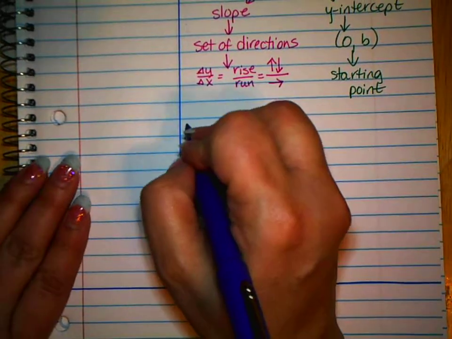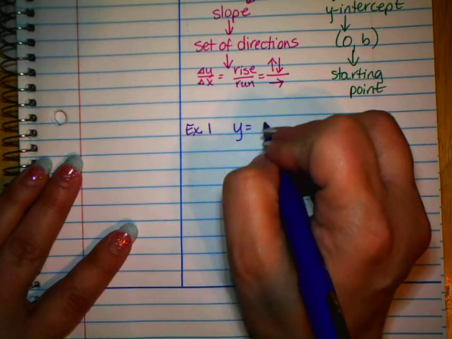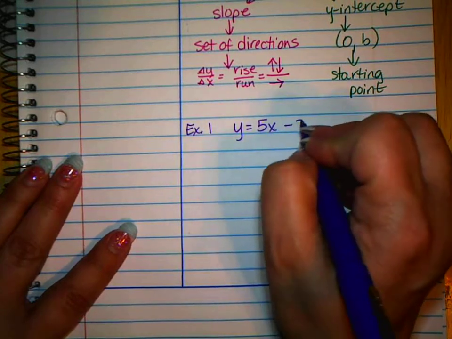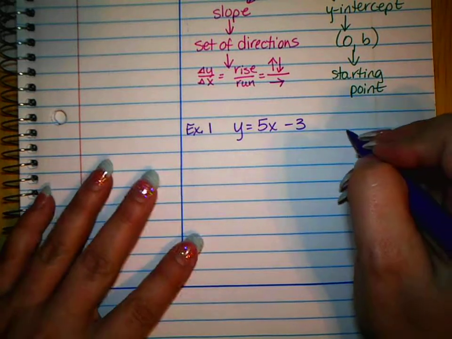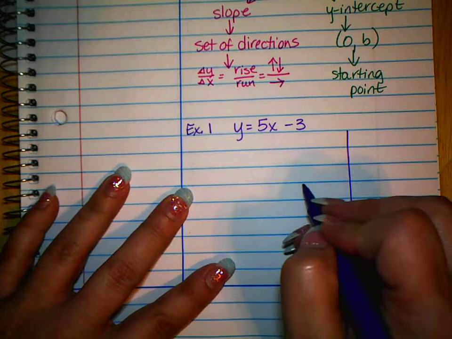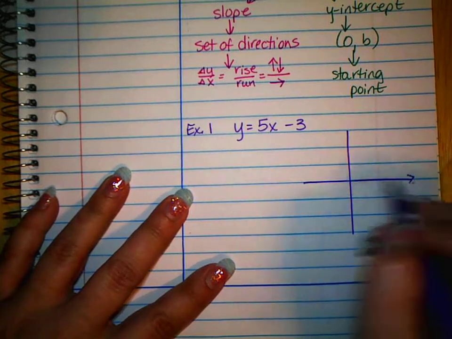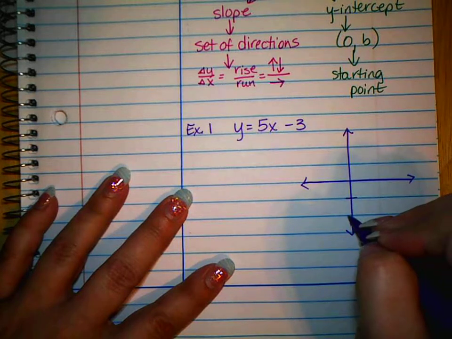So, example 1. I have the equation y equals 5x minus 3. And I'm going to graph that. Remember, I'm sketching here. You need to graph on actual graph paper.